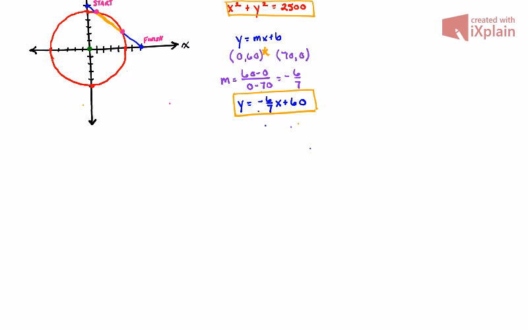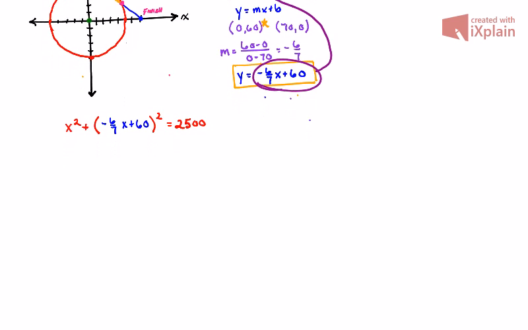If I know that y is equal to this, then I can substitute it in there. So this is going to look like x squared plus, and instead of y, I'm going to put in that whole -6/7 x plus 60. That will be squared, and that is going to be equal to 2500.